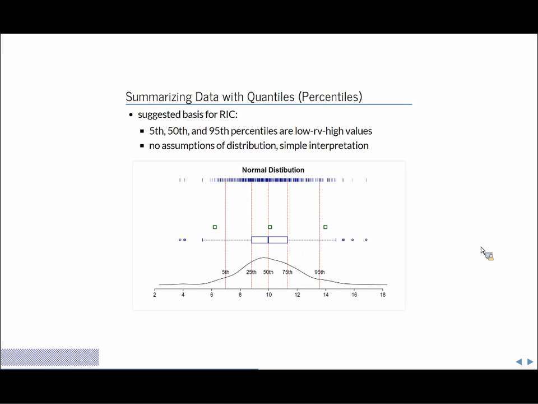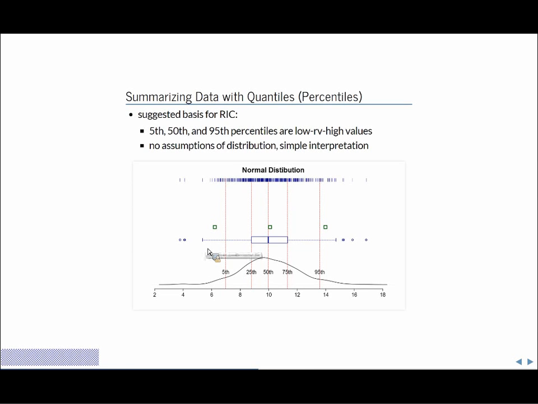That range is commonly referred to as the interquartile range, because the 25th is the first quartile and the 75th is the third quartile of the data. And then these whiskers extend out, on the low end, to the 25th percentile minus 1.5 times this interquartile range, which represents, depending on the distribution of the data, typically somewhere between the 1st and 5th percentiles.